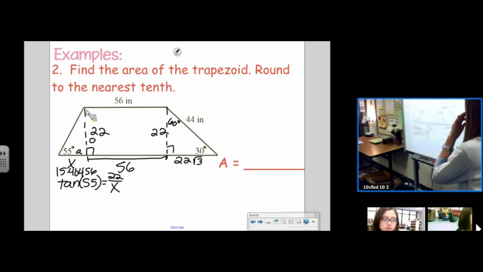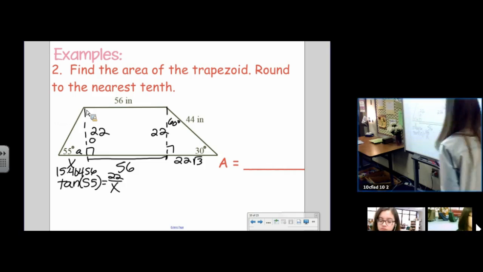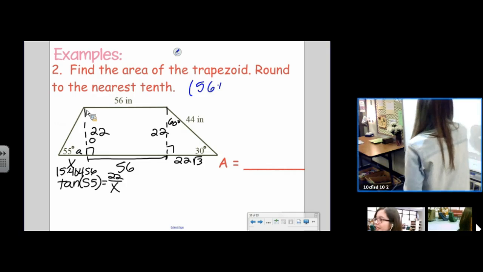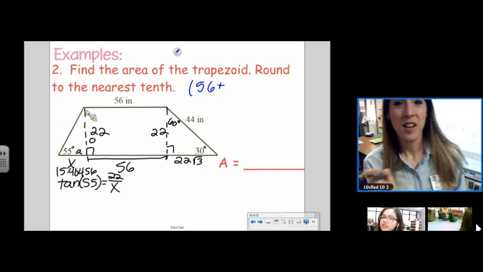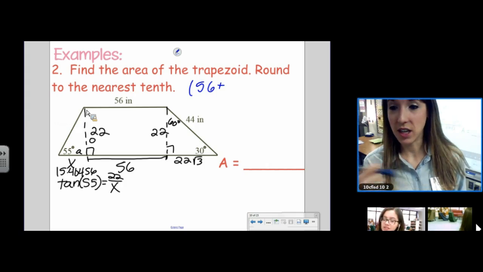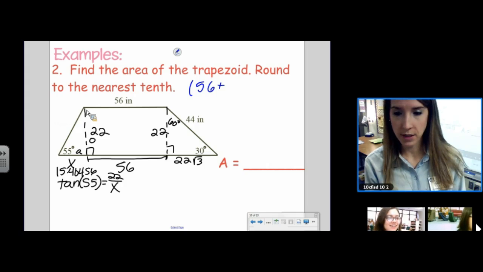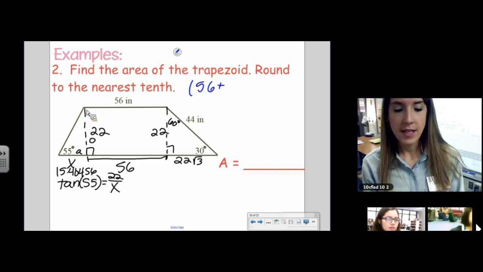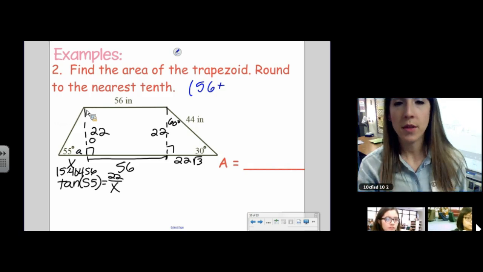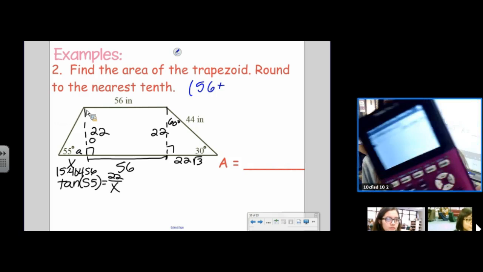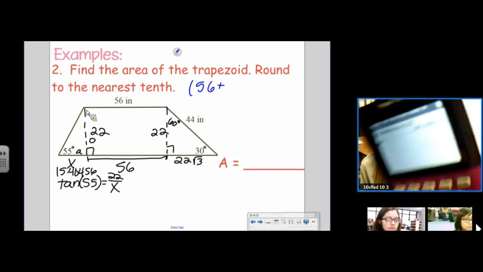Okay, we are ready to go to our formula. It's going to be a bit long. Base 1 plus, I need to add up some segments. I need to do segment addition so I can find base 2. So I'm going to do my 15.40456 plus 56 plus 22 root 3. In this case, you do put the radical in your calculator because we are rounding to the nearest tenth. So you do put your radical in the calculator.